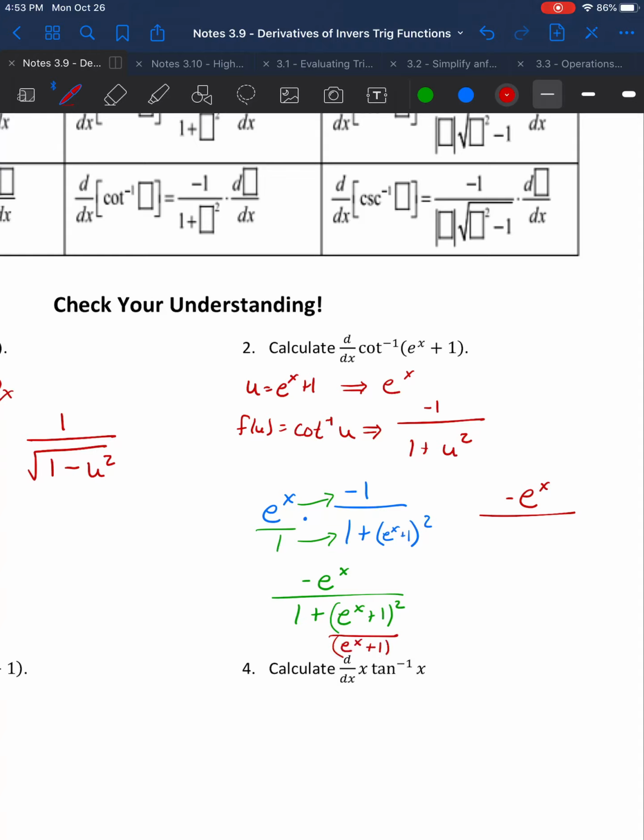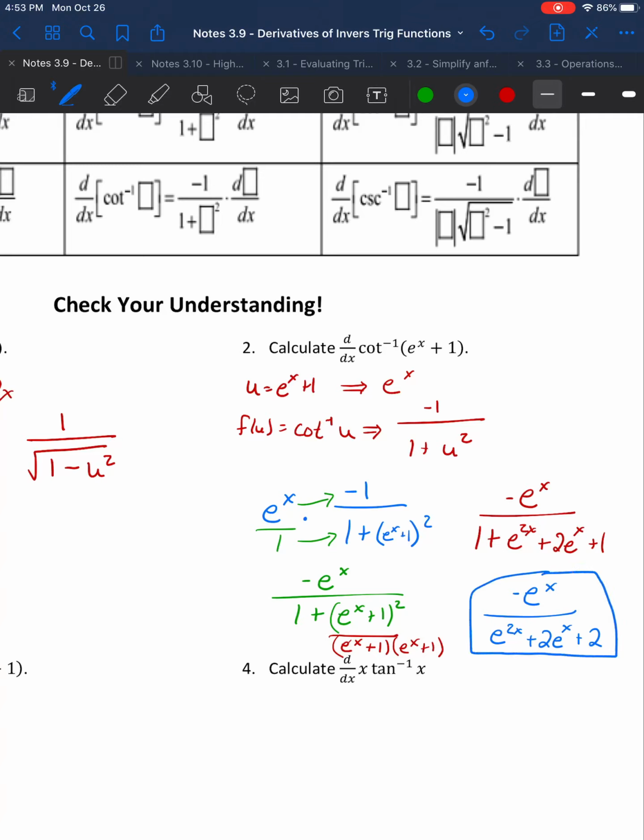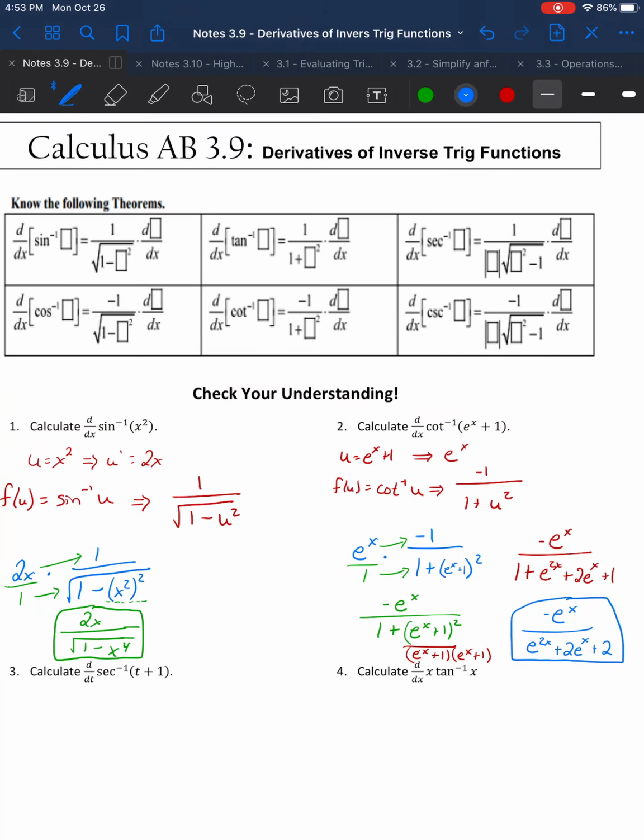So that means I'm taking e to the x plus 1 times itself. e to the x times e to the x is e to the 2x, e to the x times 1, another e to the x times 1 is a 2 e to the x, plus 1. And then I combine like terms. Okay.